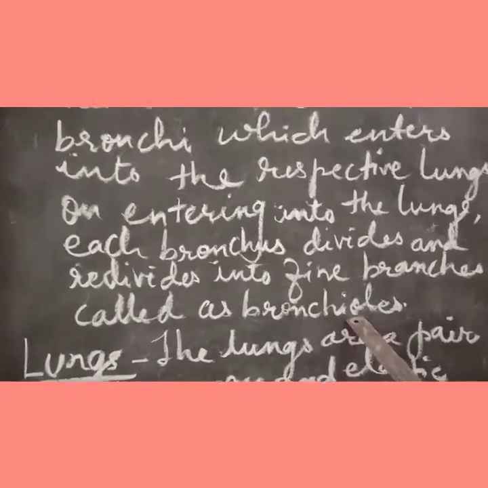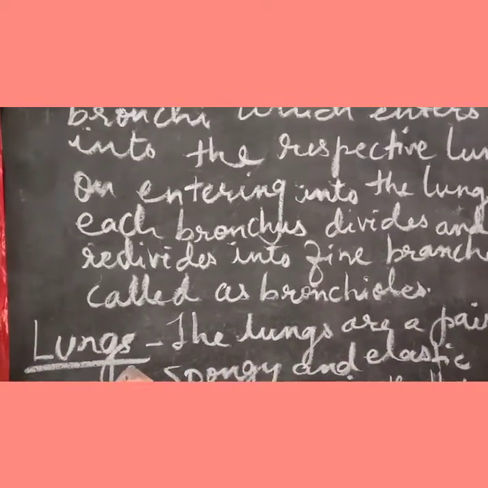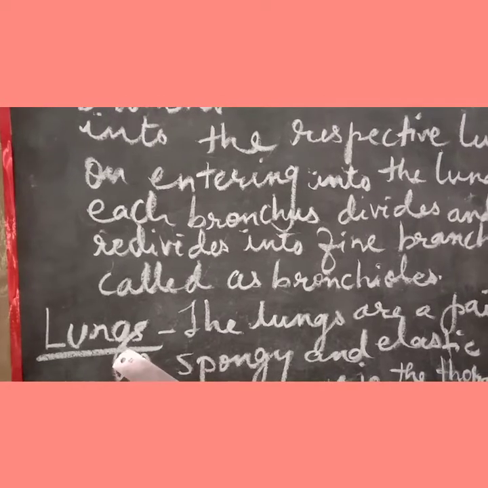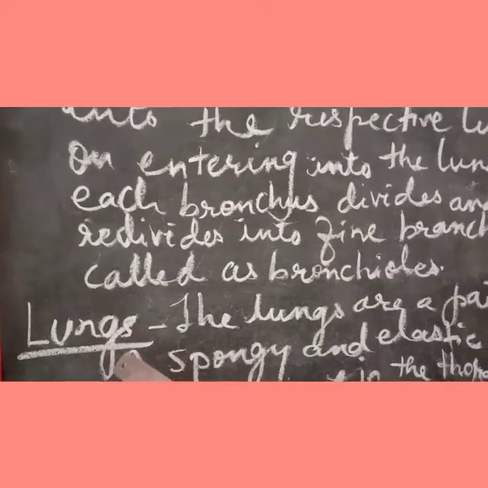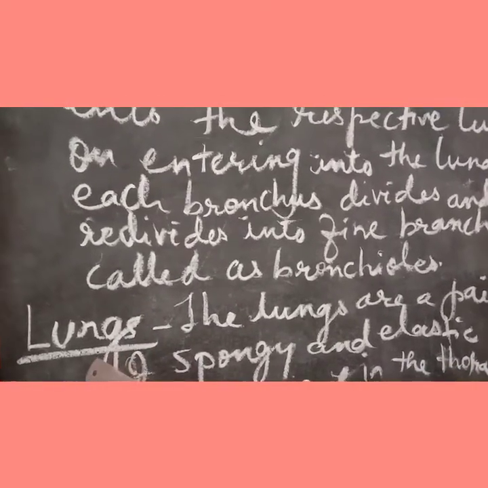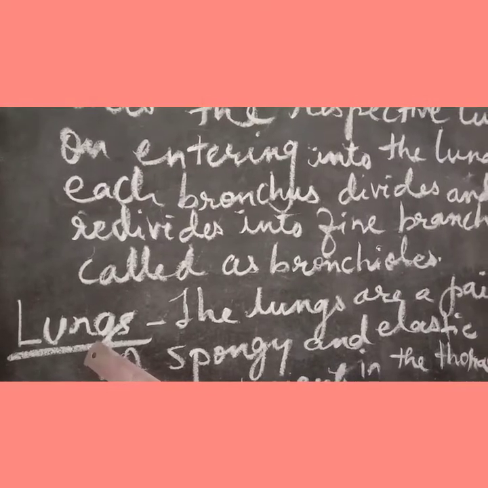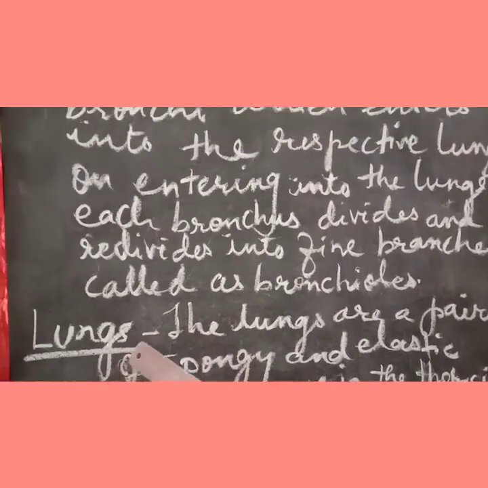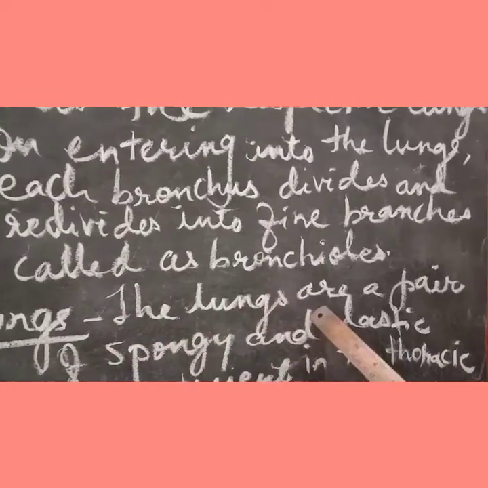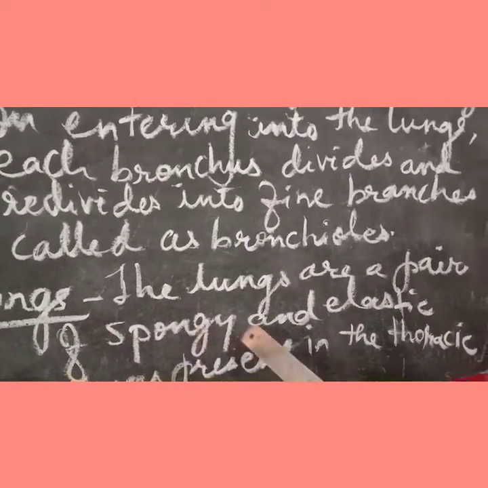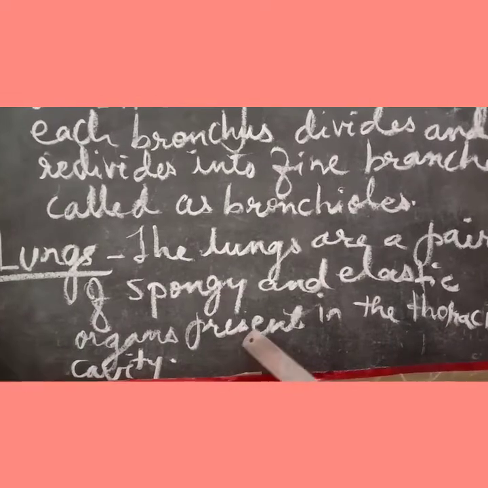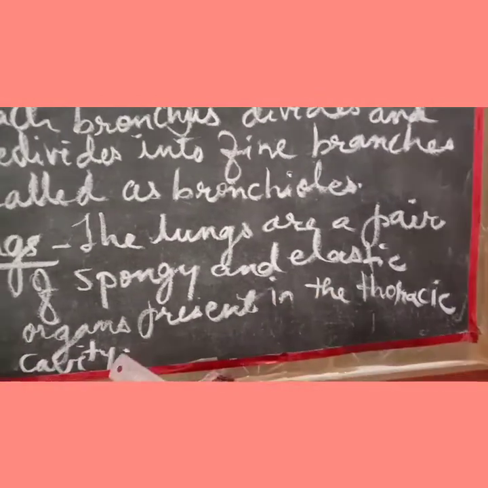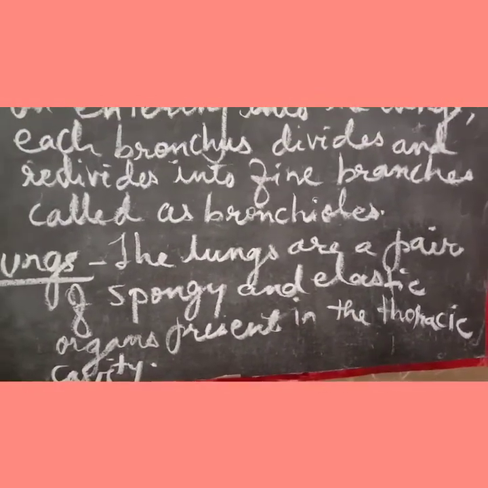Now let's see the other organs involved in the human respiratory system. Lungs. Lungs are the main respiratory organs. We have two lungs. The lungs are a pair of spongy and elastic organs present in the thoracic cavity.